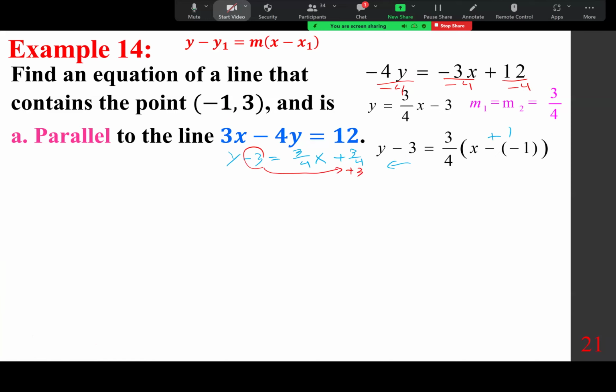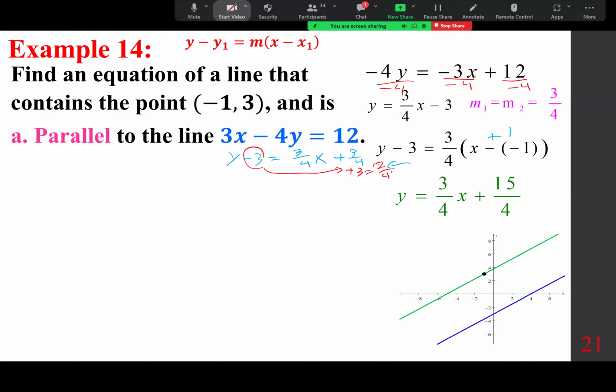Remember, 3 is 12/4. So we get 15/4. And we can graph. I'm assuming by now nobody has any problem. You can pick up 2 pairs and graph. Okay.